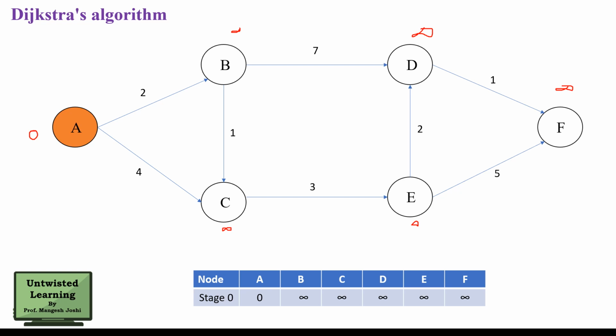So at stage 0 you can see that in the table at A it is 0 and for the remaining I have put the infinity sign.